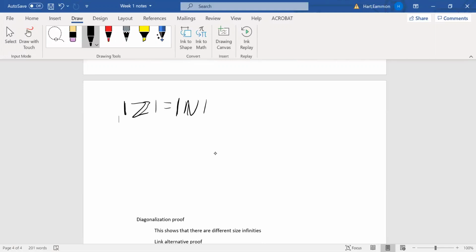Then we have to find some way to map between this and this.